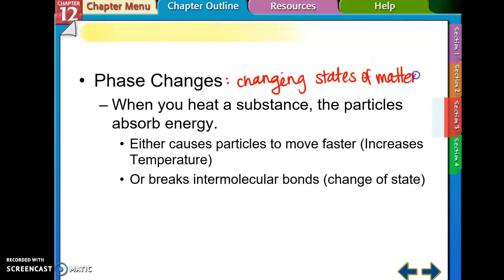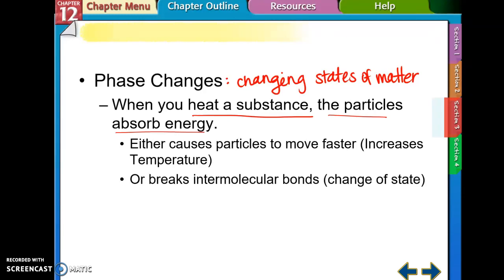So a lot of times we are going to change the state of matter by heating a substance. When you heat a substance, particles absorb energy. That's important. Heating, you're adding energy. You raise the temperature because you've added kinetic energy, going back to the kinetic molecular theory.